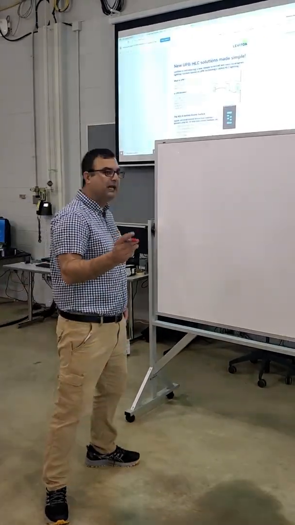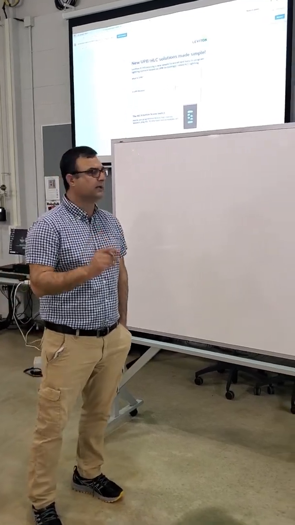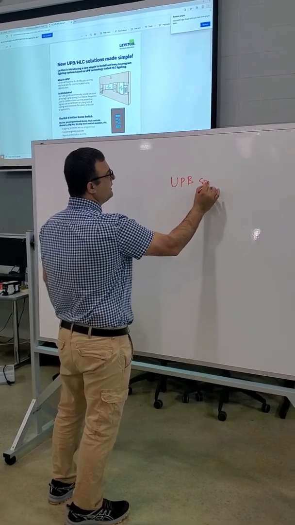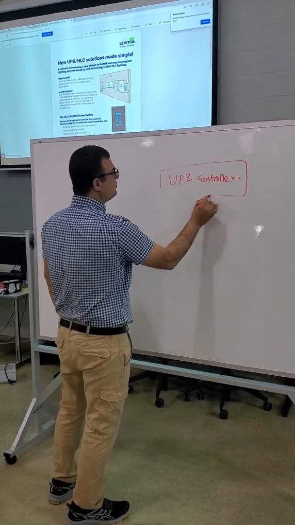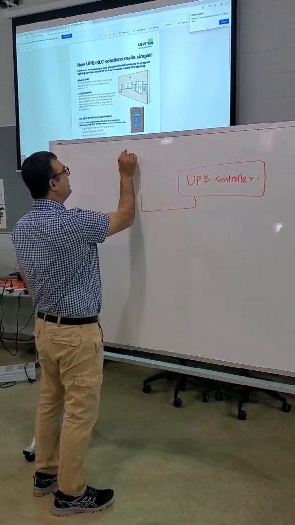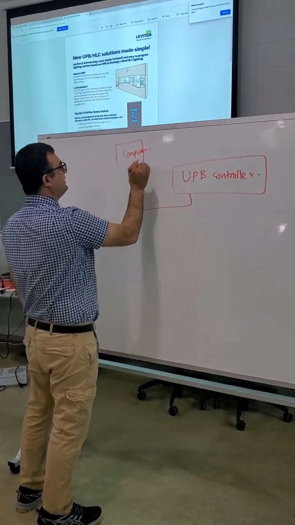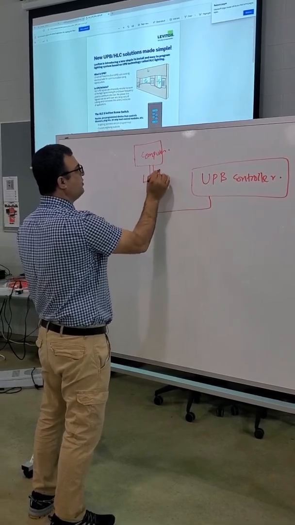Okay. So what we will have, and there will be a practical demonstration. So let's see, we will need a UPB controller. We will connect our UPB controller to what? We are going to connect it with a serial cable to our computer. So here is our computer. This will be a serial cable, a serial port.